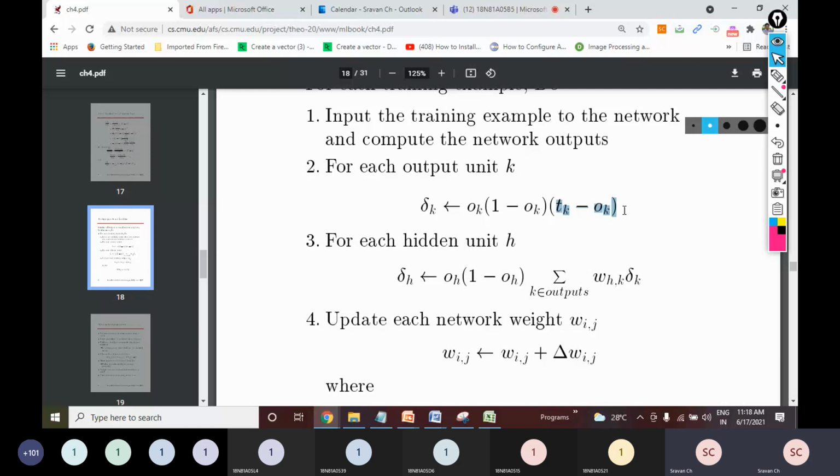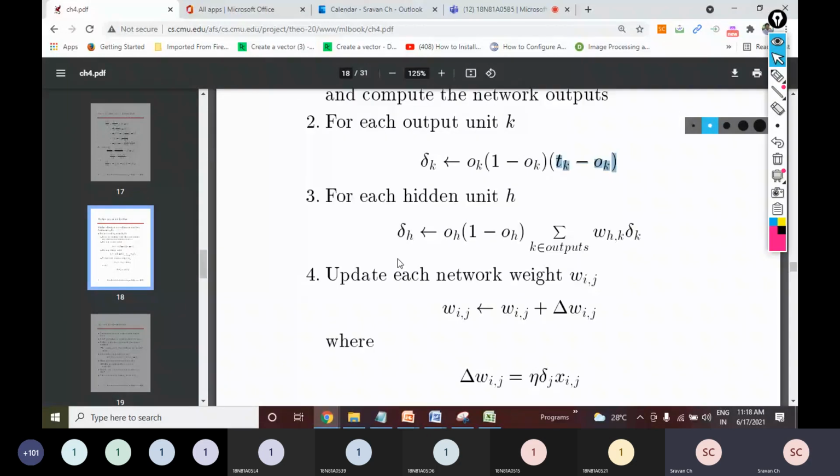And for each hidden unit, this is how the weights are being modified: output at the hidden layer, oh into (1 minus oh), from the previous output layer, times wh,k into delta k. So this delta k, whatever I calculate at the output layer, I am trying to propagate.